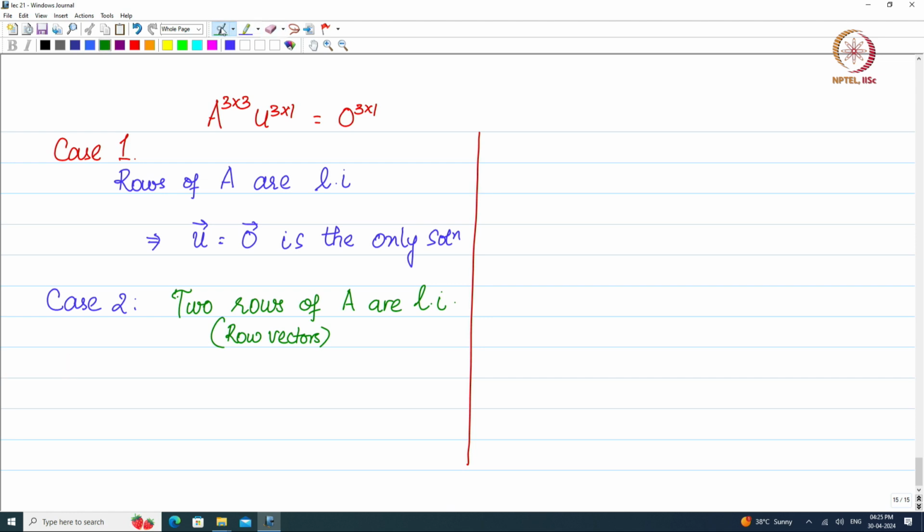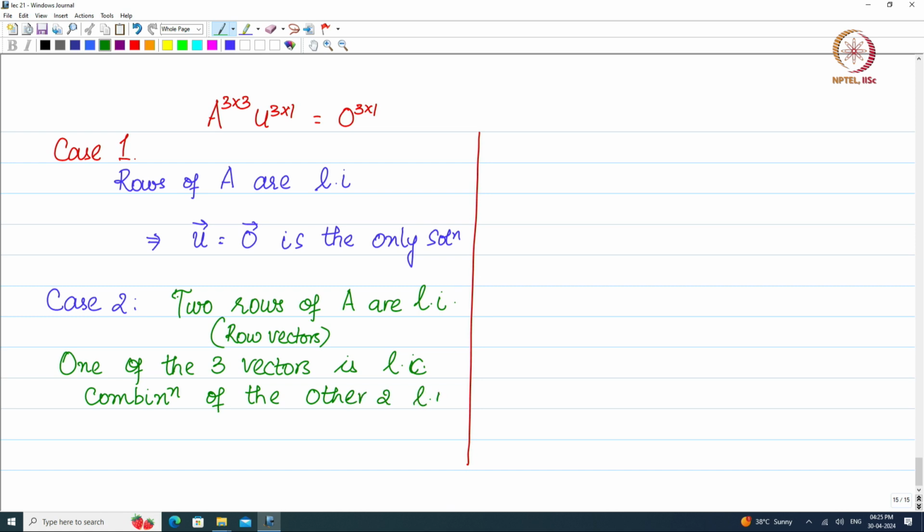One of the three vectors is a linear combination of the other two linearly independent vectors.